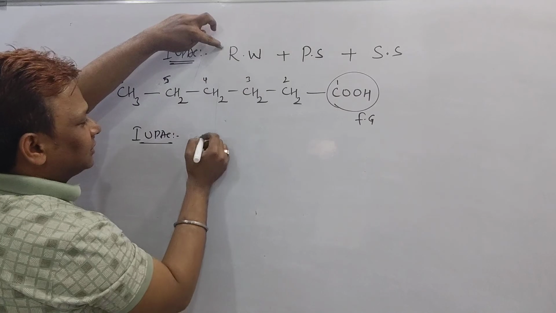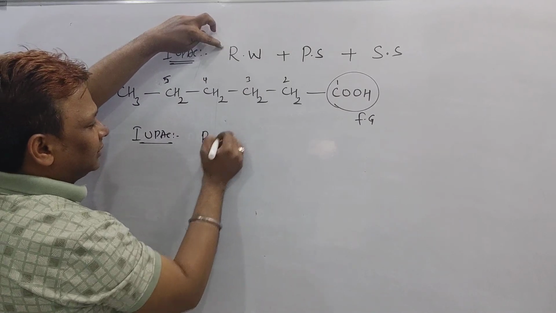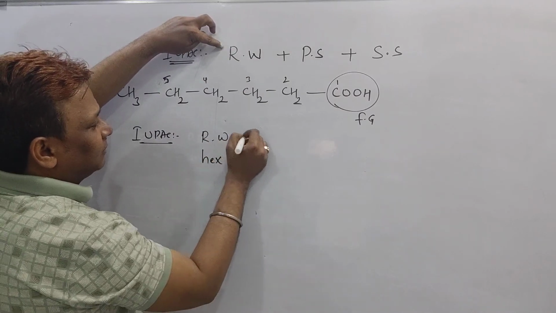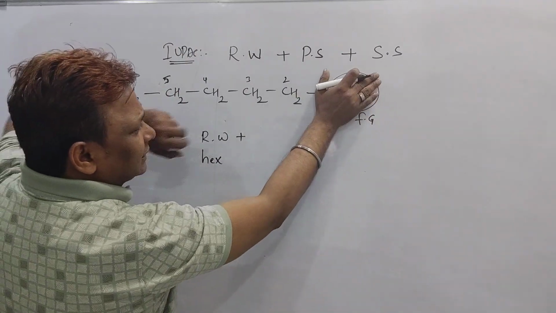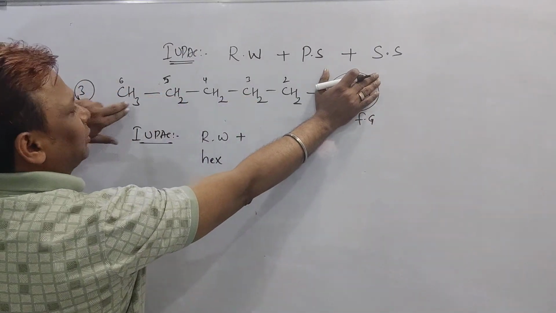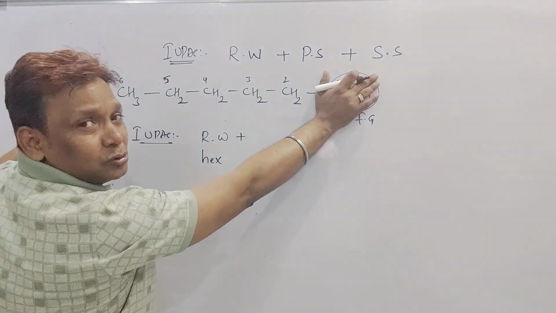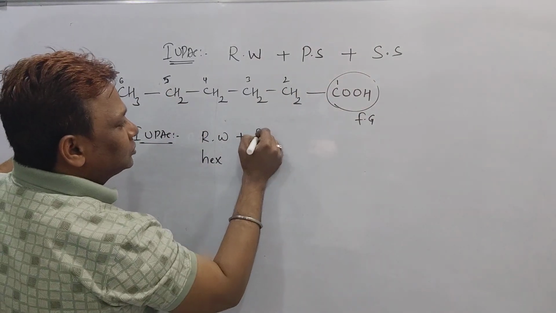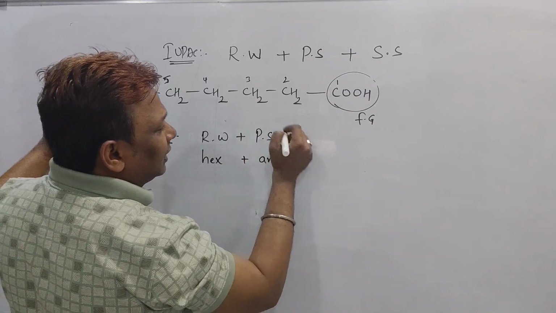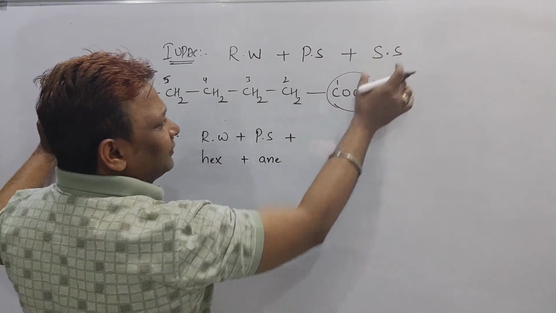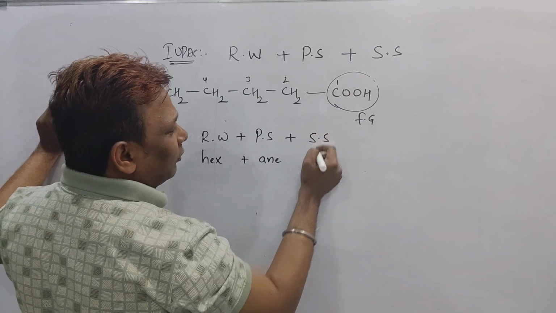So what should I write? My root word is HEX plus primary suffix. Leaving this one, in other places are you having any double or triple bond? No, sir, we don't have a double or triple bond. So my primary suffix should be ANE. But at last, the secondary suffix is the functional group. What is the functional group?